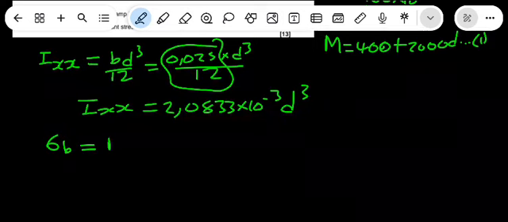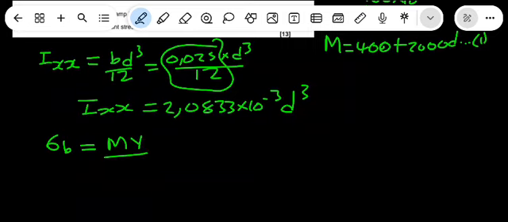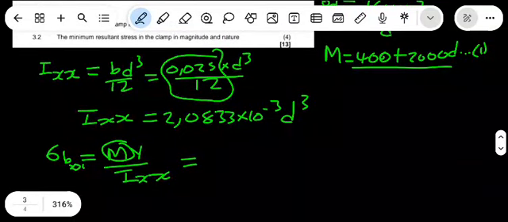We know the bending stress is the bending moment multiplied by y divided by I about the x-axis. This bending is about the x-axis.